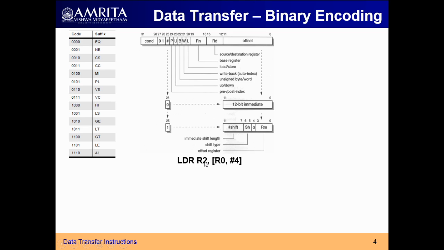So R2 will be having the content of the address pointed by R0 plus 4. So this is the instruction. Now we will see the binary encoding of that instruction.